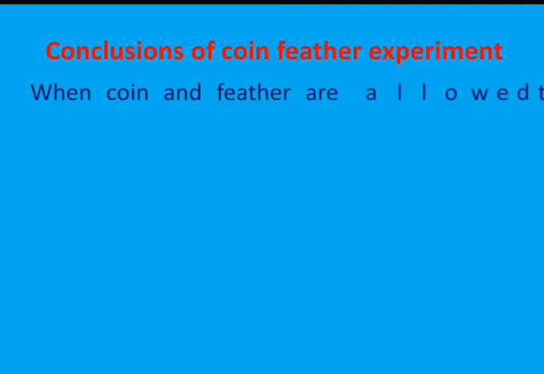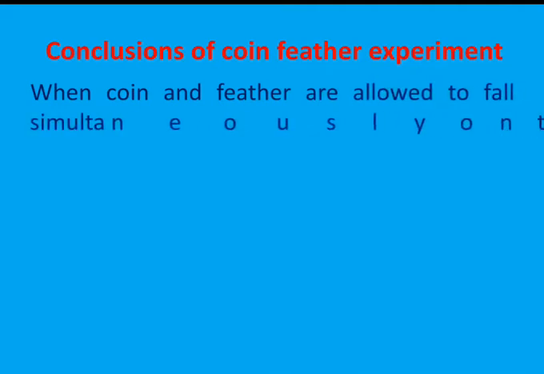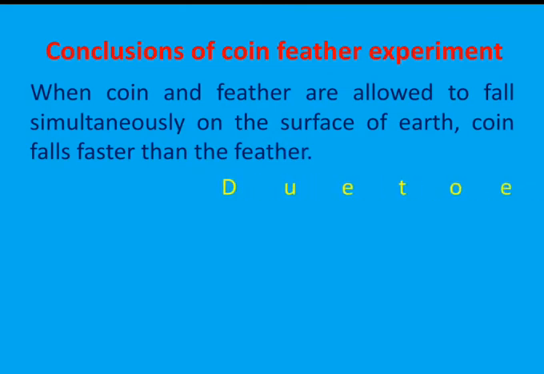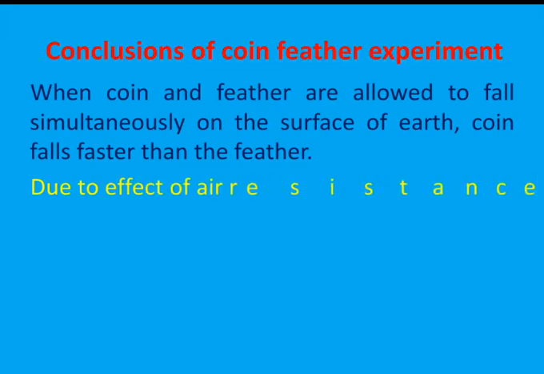When coin and feather are allowed to fall simultaneously on the surface of Earth, coin falls faster than the feather, due to effect of air resistance.